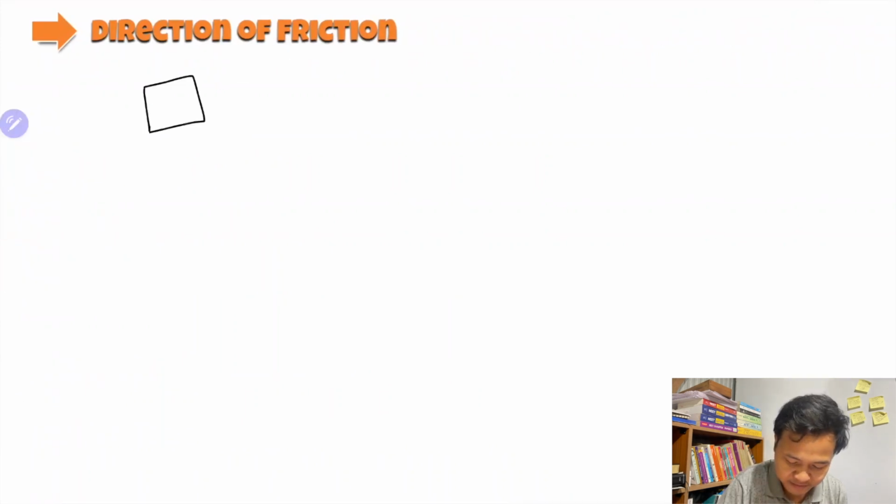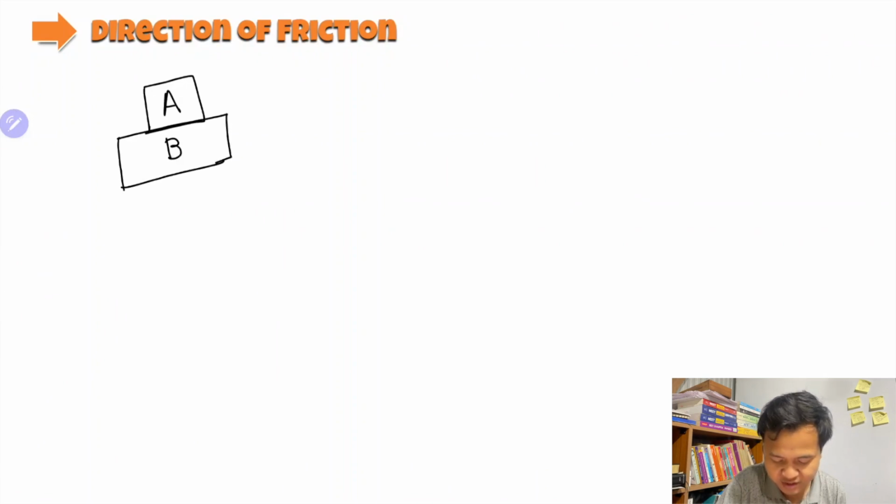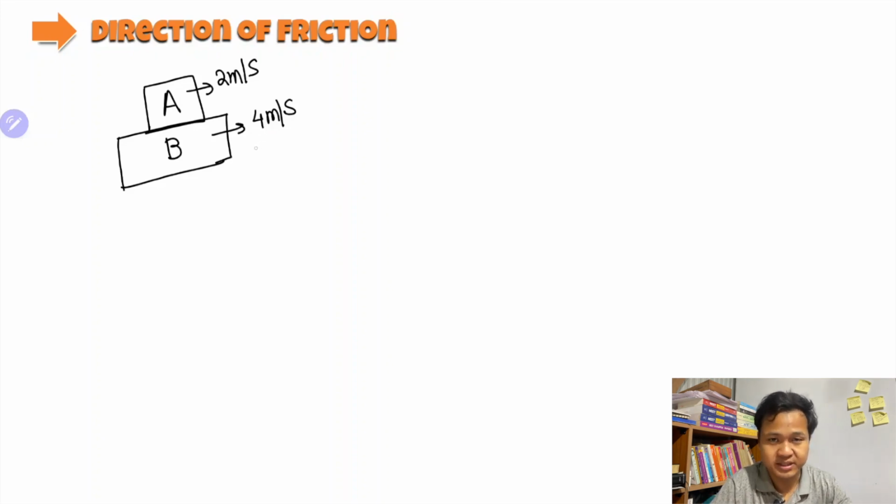Suppose I have a block A and another block B. Let's say A moves with 2 meters per second and B moves with 4 meters per second. If I want to draw the free body diagram of B, I have to sit on A and look at B. Relative motion involves the velocity of B with respect to A, so this is VB minus VA.